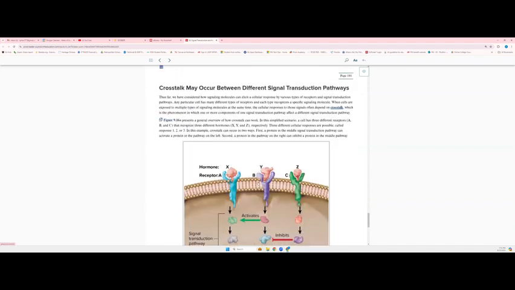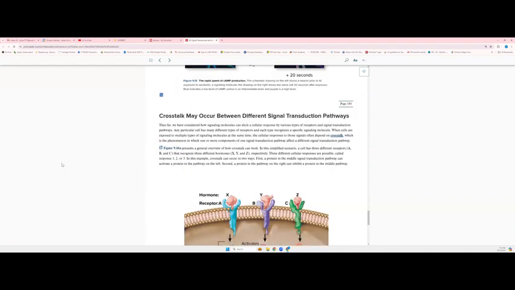So for example, some kind of ligand binds to a receptor, and then it triggers some kind of pathway. During this pathway, more chemicals, more compounds are generated, and the generation of the compound during the pathway will trigger another signal transduction pathway.